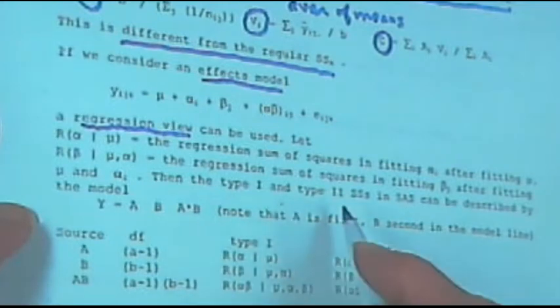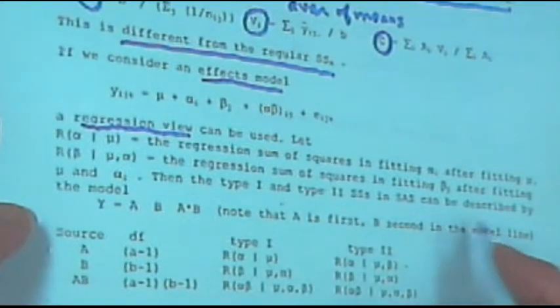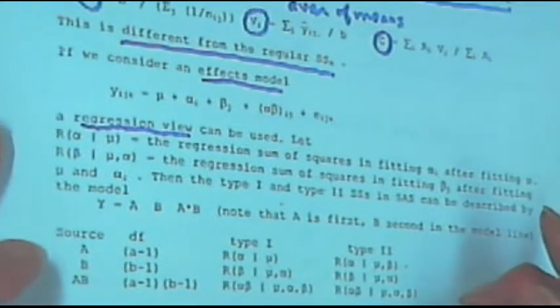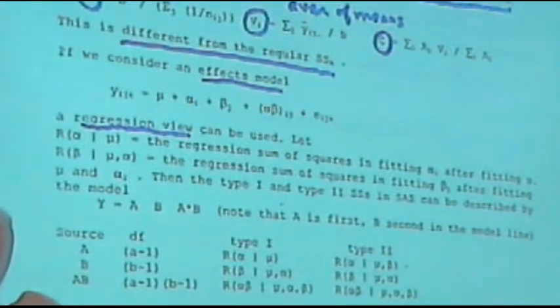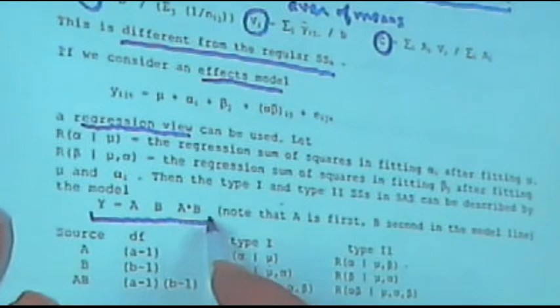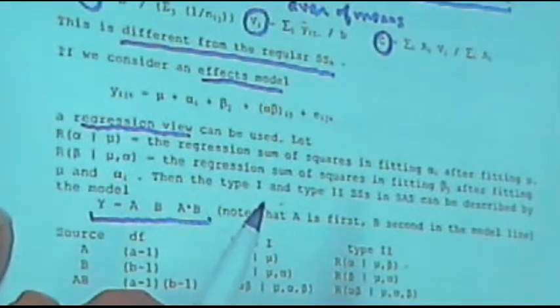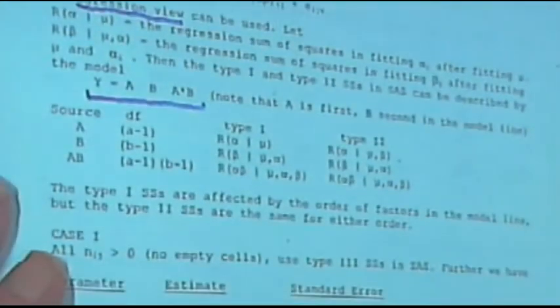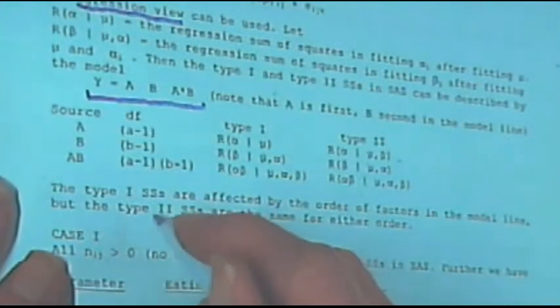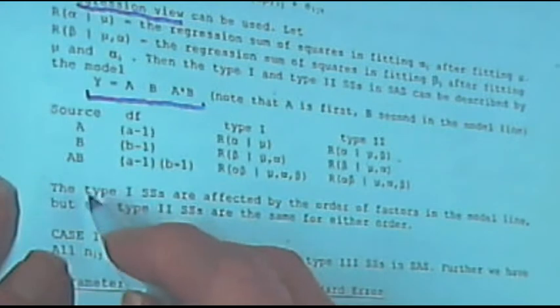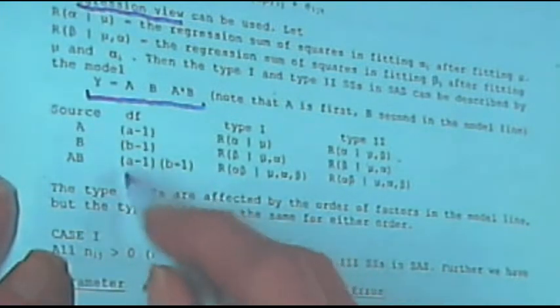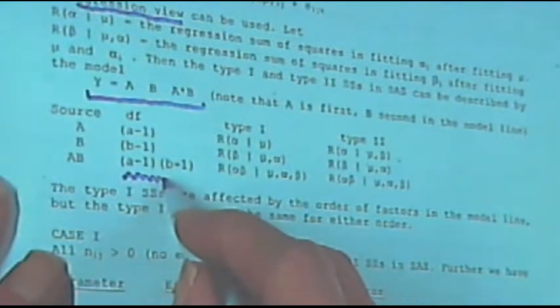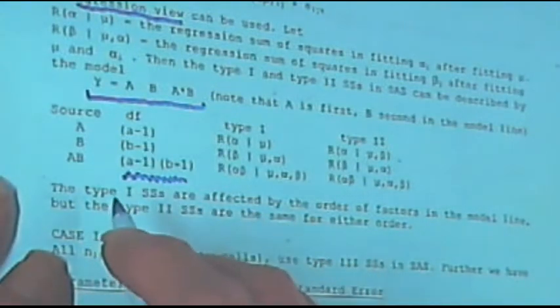Then the type 1 and the type 2 sums of squares in SAS can be described by this model. So here's the model that we would type in SAS, pretty much that way. These sources of variation have degrees of freedom, and those are the familiar degrees of freedom we've encountered before.